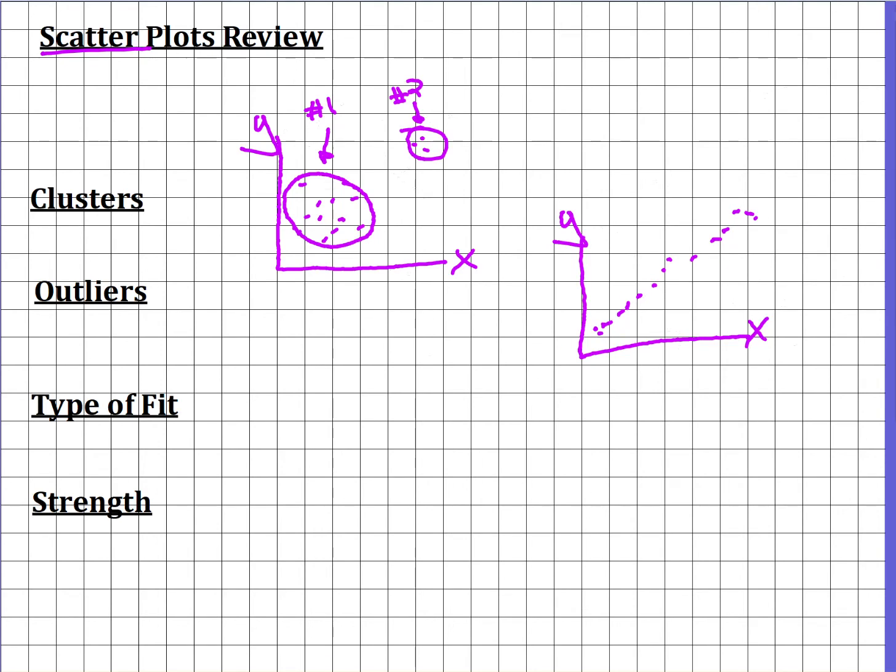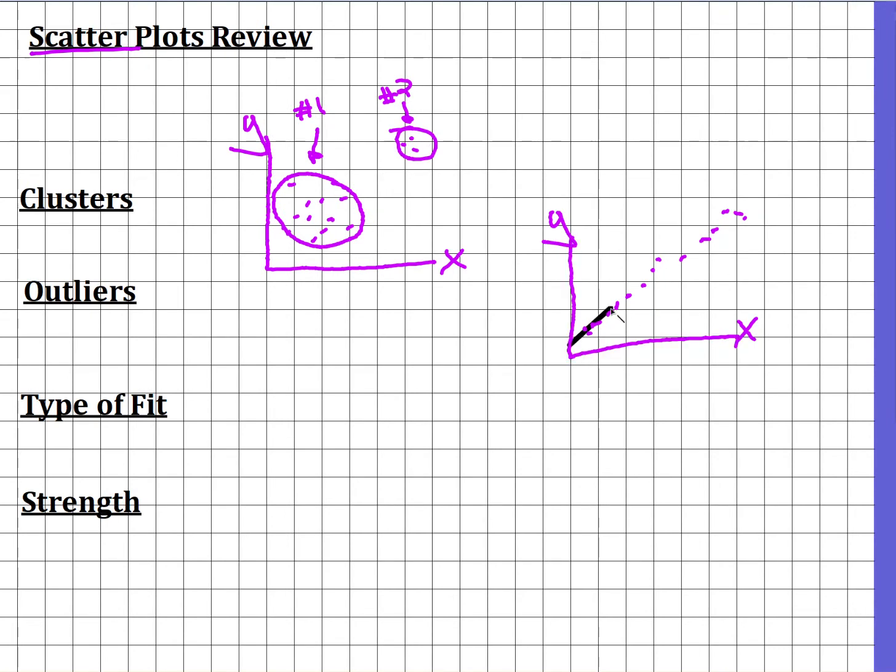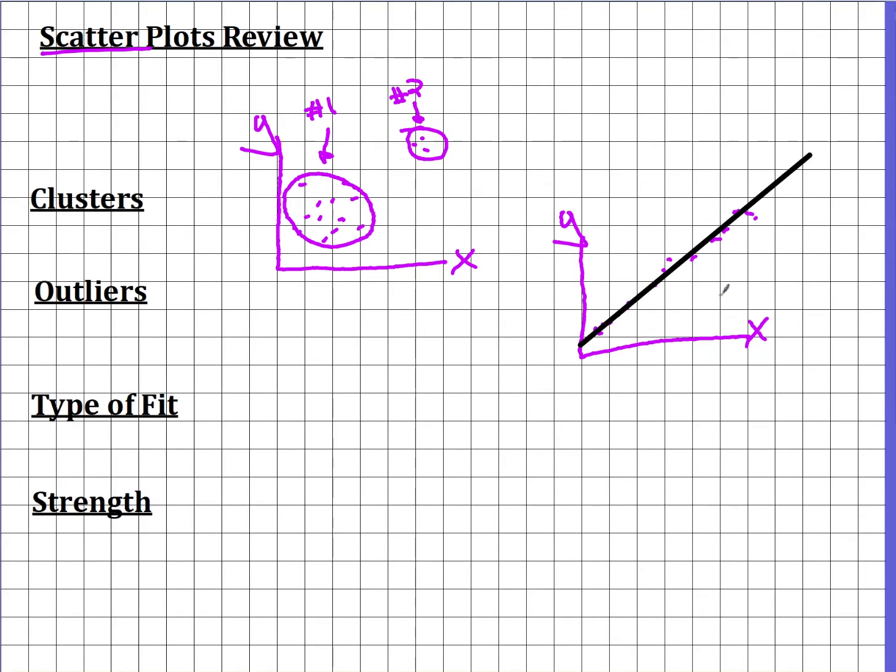If I drew a line through this, most of the data fits this trend right here. However, if you had a data point sticking out here, you would call that an outlier. It doesn't really fit the data set, and it gives you a hint that either something very strange is going on with this sample, or it could mean that an error happened in your recording.